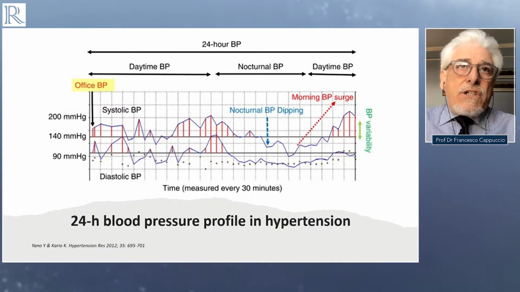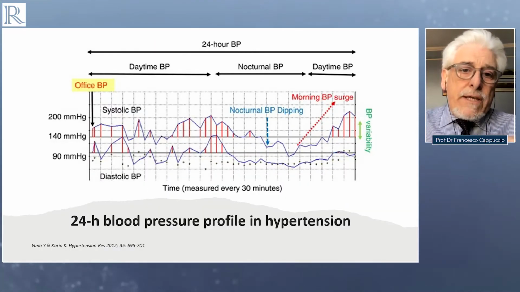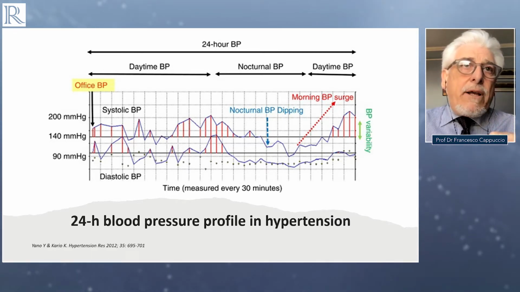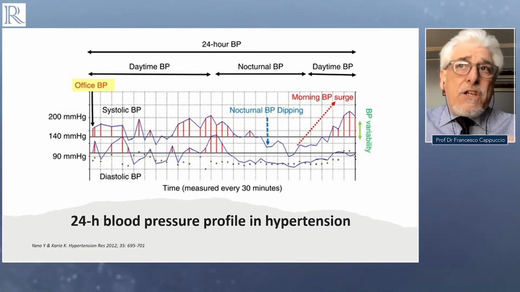This slide shows a 24-hour blood pressure tracing in a patient with hypertension, with high blood pressure. The monitors measuring over 24 hours are typically programmed to take readings every 30 minutes throughout the day and either 30 or 60 minutes at night.